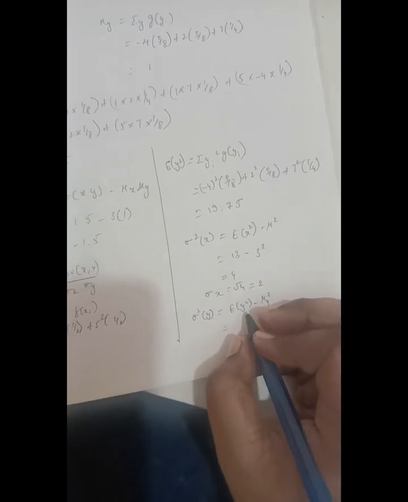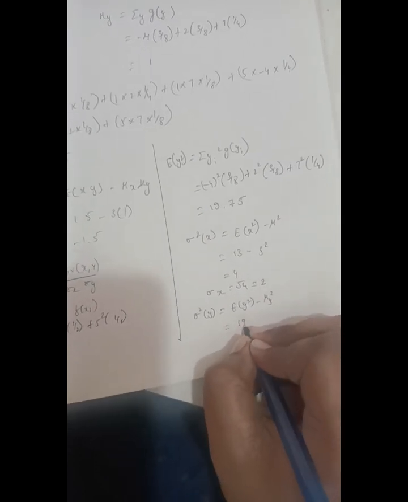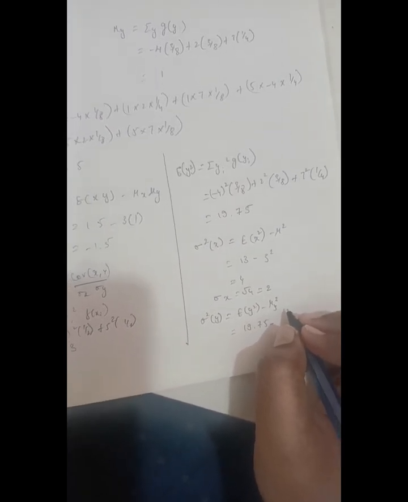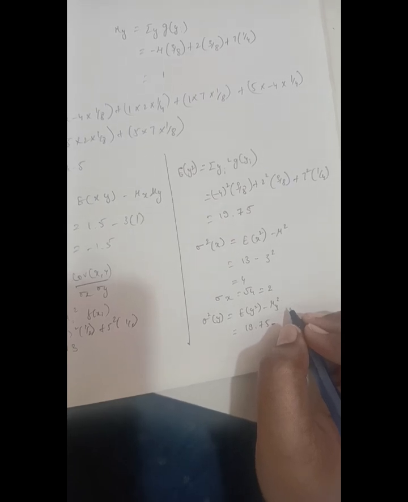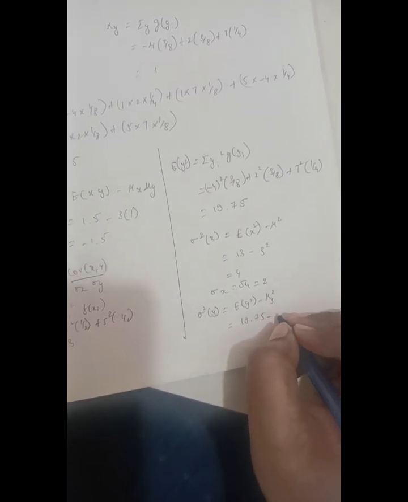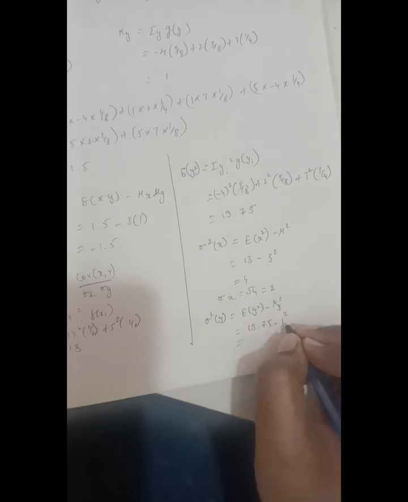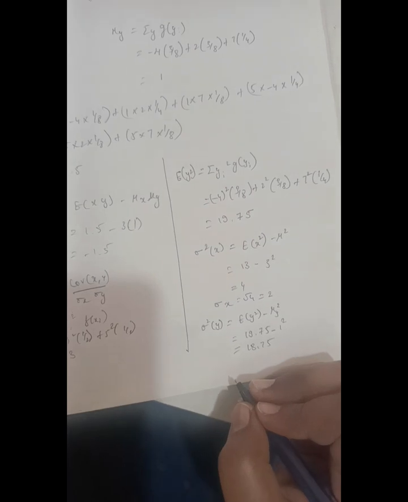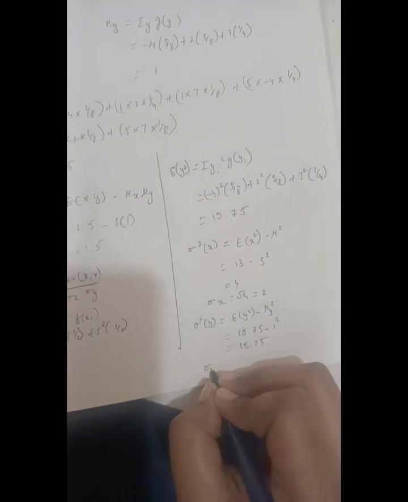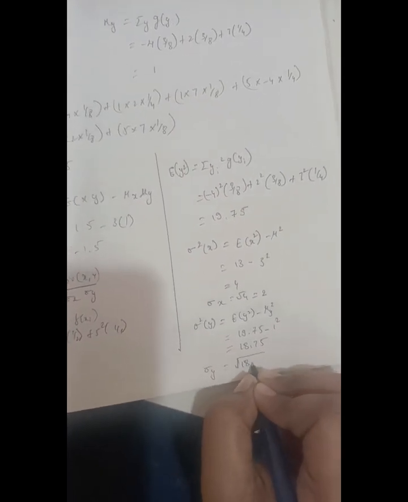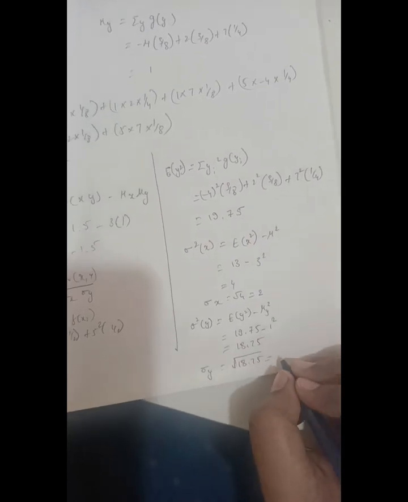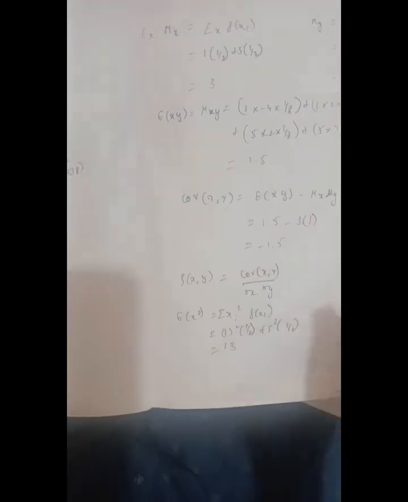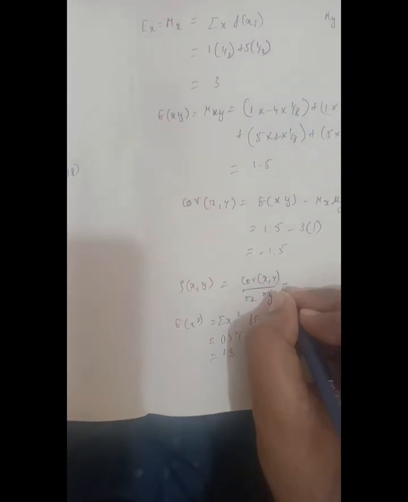E of y square means 19.75 minus mu y square. What is mu y square? 1 square. Simplifying, we get 18.75. Sigma y is equal to the square root of 18.75, which is 4.330.